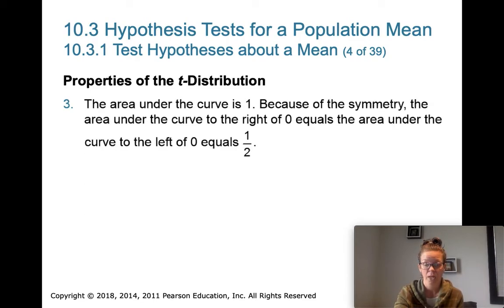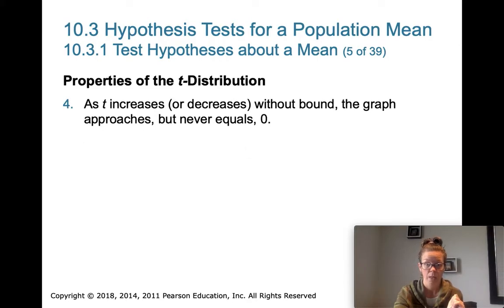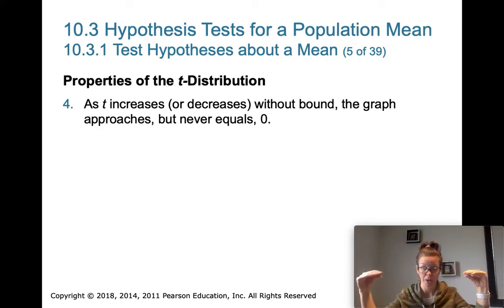Because it's symmetric, the area under the curve being 1, you have 1/2 above and below the mean. That's the same as z. And then as t increases or decreases without bound, we reach that asymptote out on the sides and those tails. So the tails get smaller and smaller as they go, but it never technically closes off.